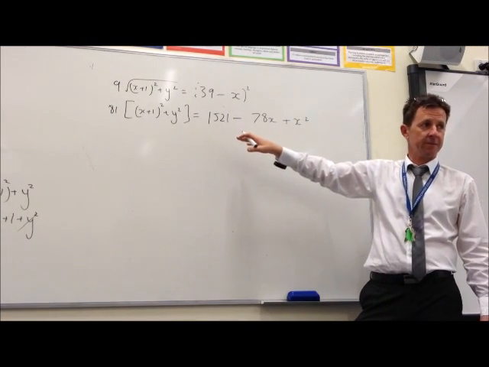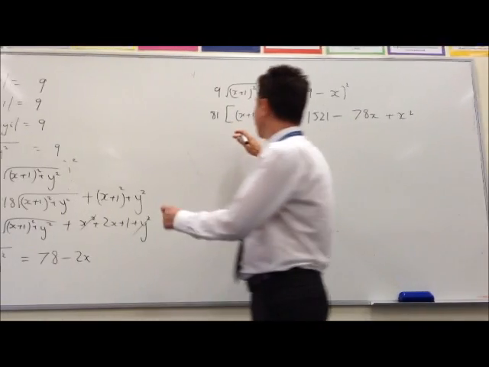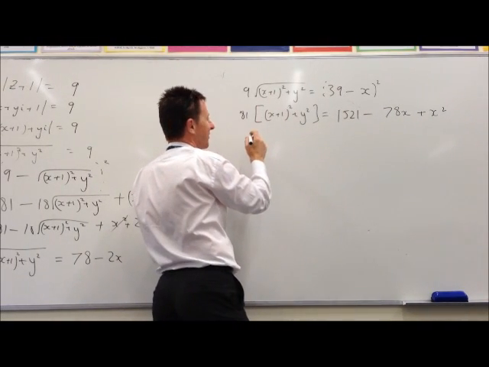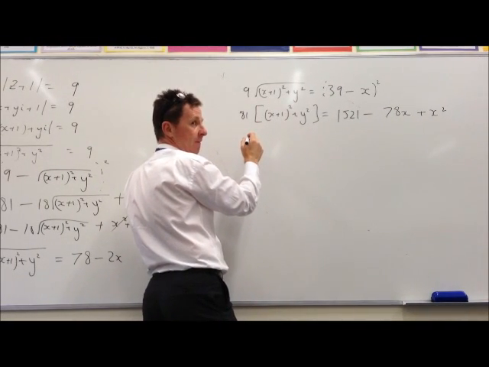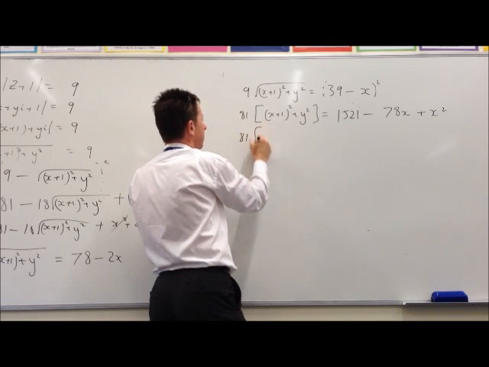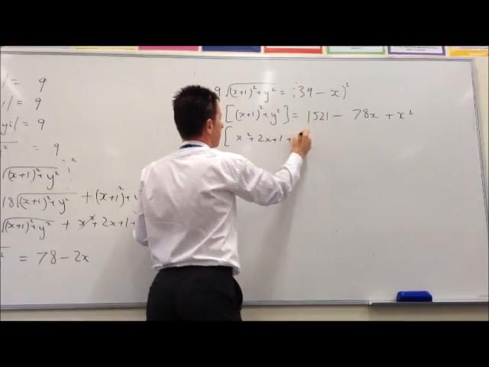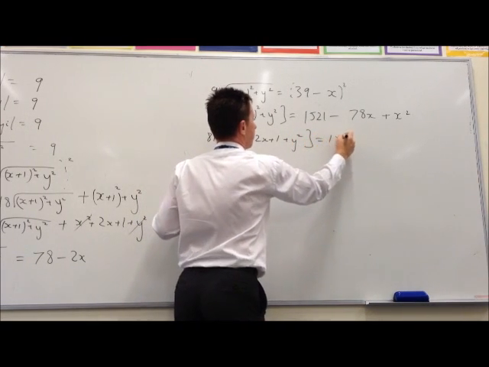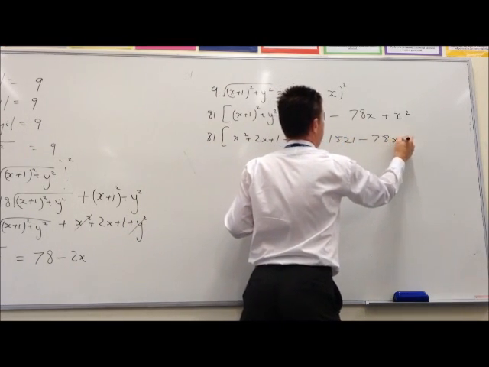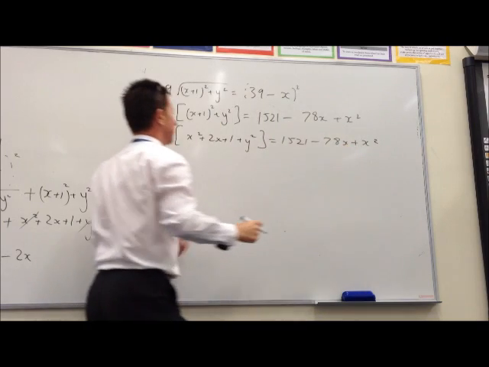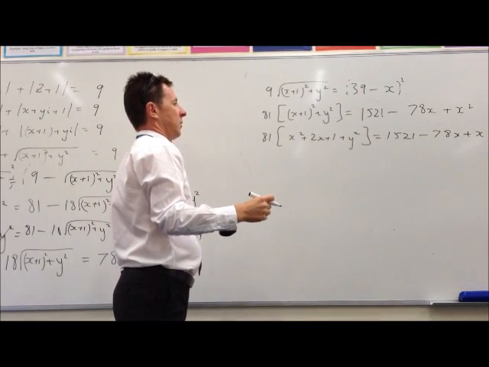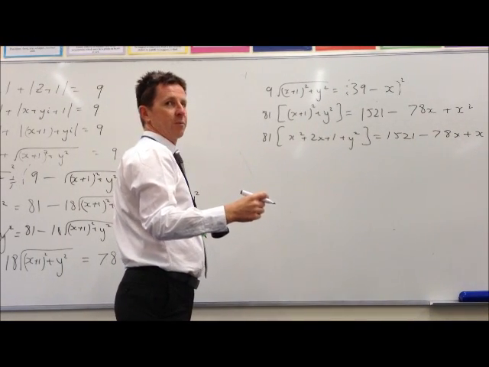So, alright? 81 bracket x squared plus 2x plus 1 plus y squared equals 1521, 78x, x squared. Told you, go for boards and boards.